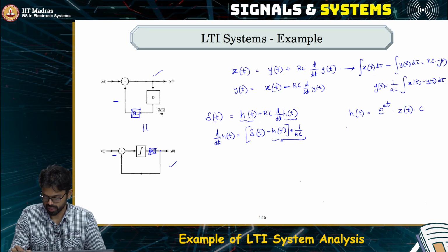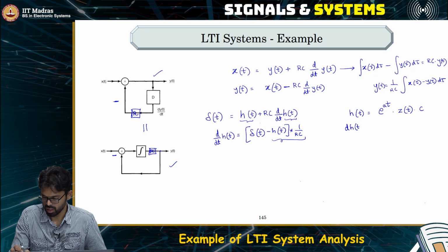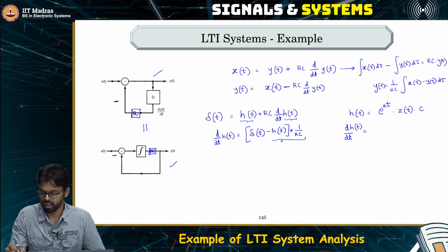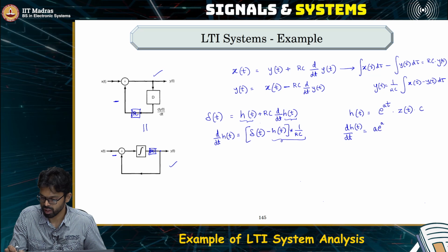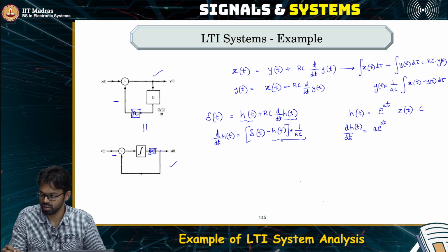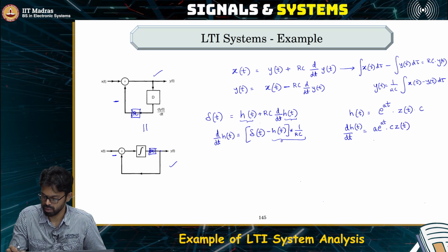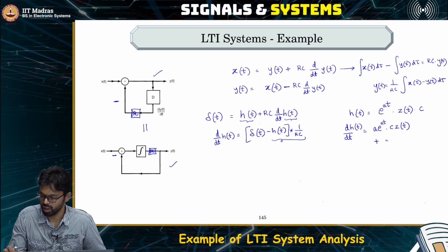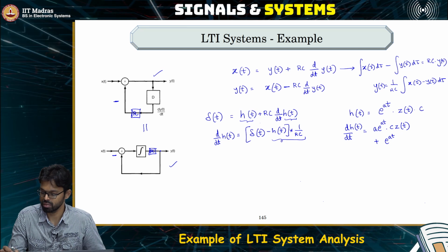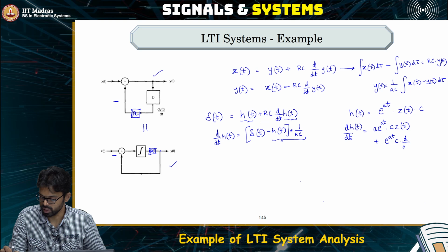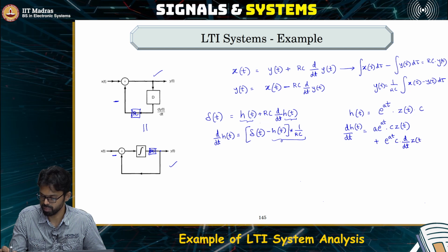So, if you take the derivative of this signal, what do we get? We get a times e power at times c z of t plus e power at c times d by dt of z.